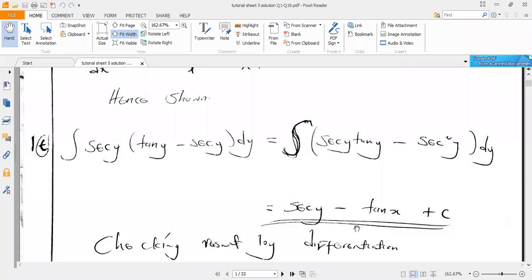And when we integrate sec^2 y, it will give us tan y. The reason is simple. The derivative of sec y is sec y tan y, as we learned in differential calculus initially. And when you differentiate tan y, we have sec^2 y.